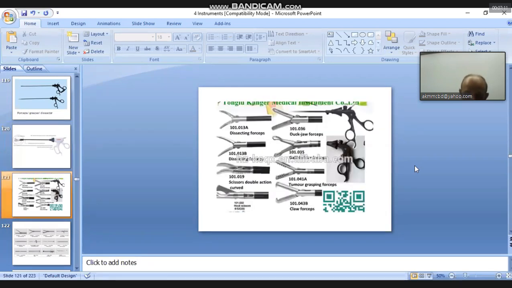That is important. You see, this is an instrument, the tip, and this is another, this is another. These are other multiple shaped tips, and these are different instruments.